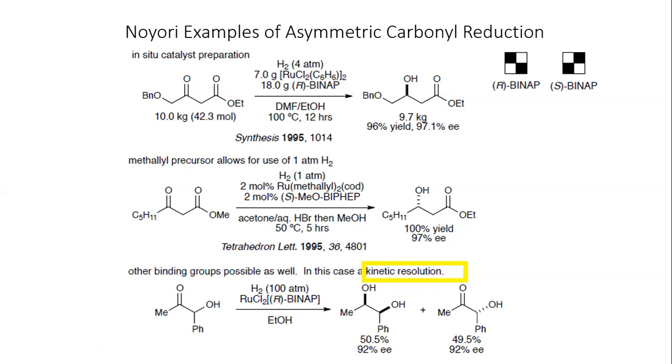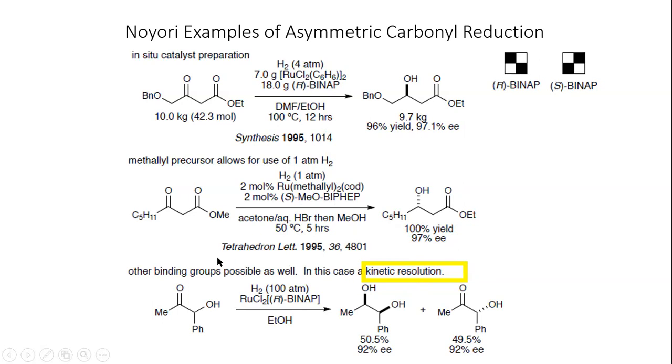So at high temperature to have this type of enantioselectivity is amazing. You can also use a different ruthenium with a methyl ligand attached to it, rather than a chlorine. And with this BiPHEP catalyst, this is only at 50 degrees, 5 hours, 97% EE and 100% yield, right? For this hydrogenated beta hydroxy ester, which is excellent.